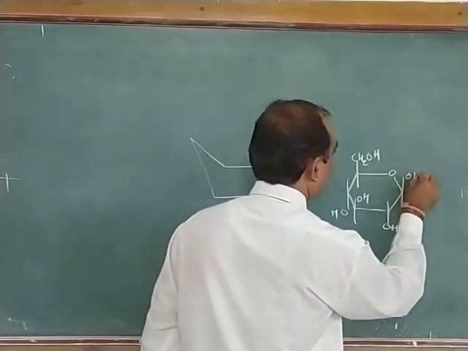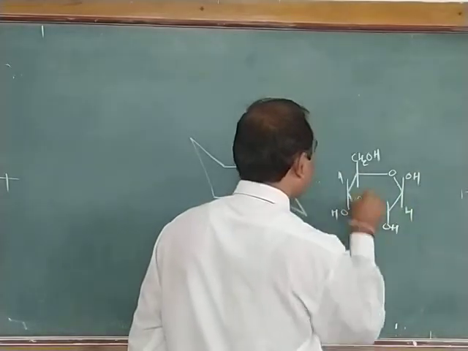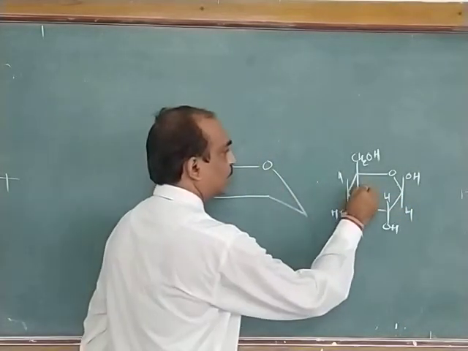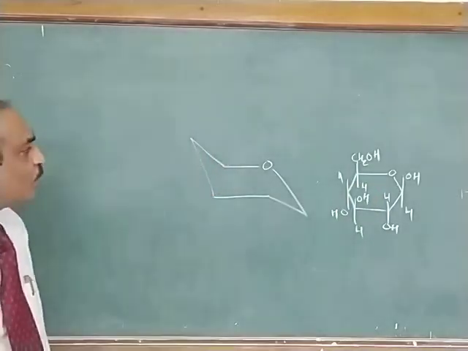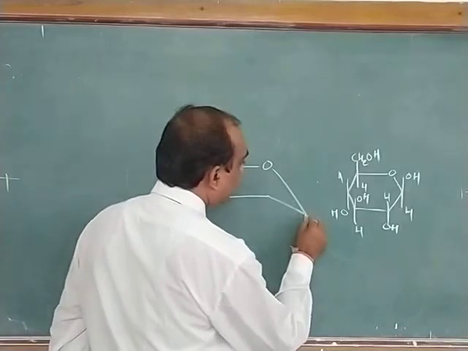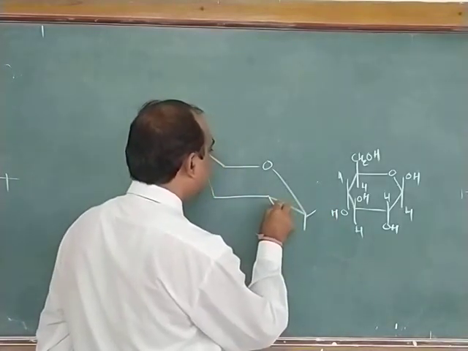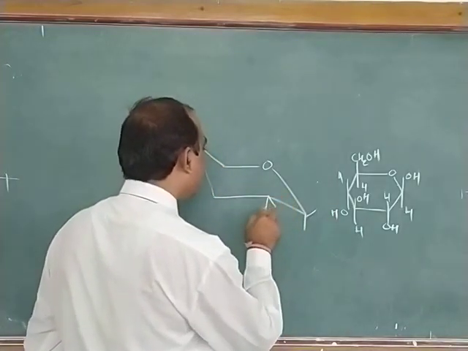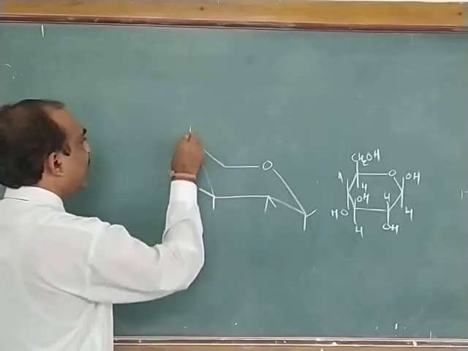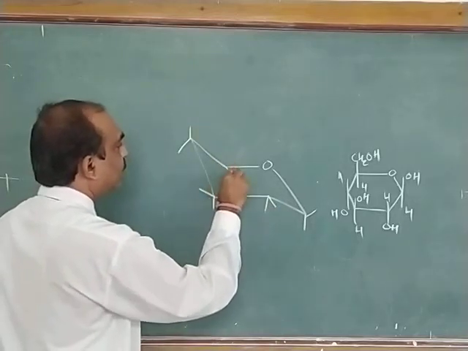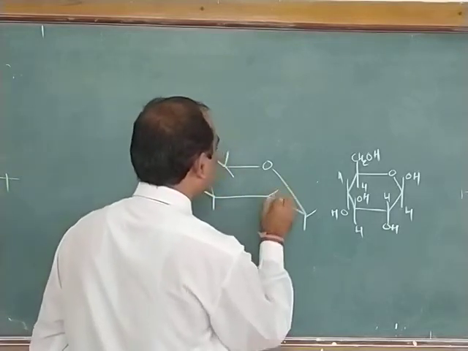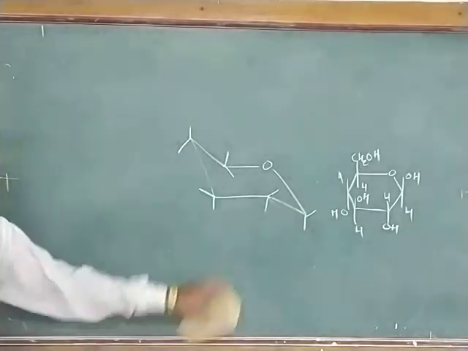And suppose here is the OH and here is the H. Here is the H, here is the H, and here also the H. Then how to draw this? Because it is having axial, equatorial, axial, equatorial, axial, equatorial, and axial.